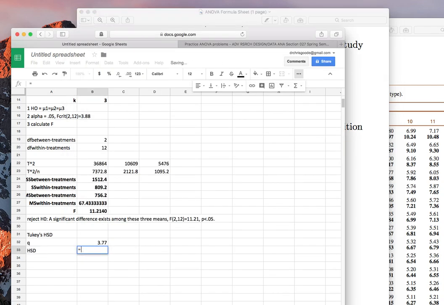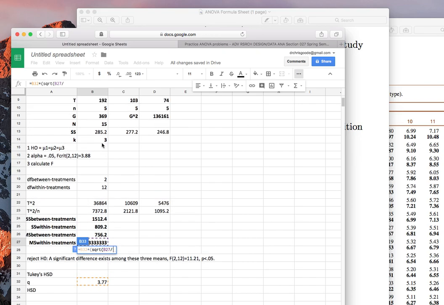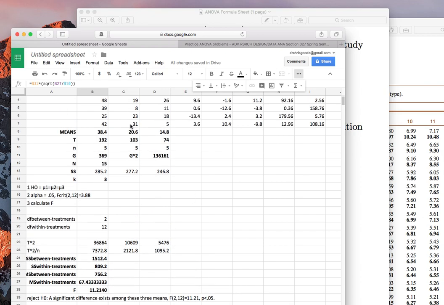HSD is equal to Q times the square root, that asterisk is how you do times, the square root of MS within treatments divided by N for a single group, which was 5. There it is. So this is how big a difference has to be in order for the difference to be significant.